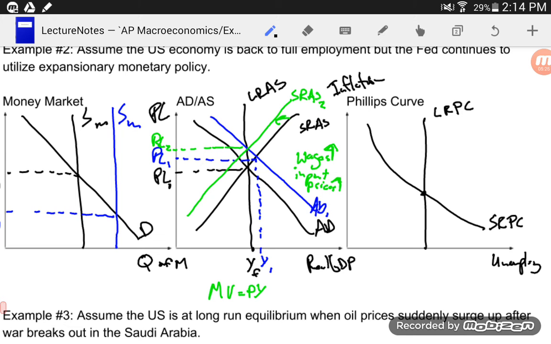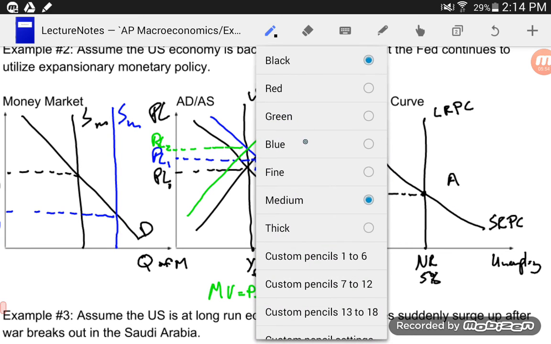So we started at point A, where we were at the natural rate of unemployment, so we'll call that 5%, and we had pretty low inflation. Historically we've averaged around 3%, so I'll say 3%, even though that wasn't listed in the problem. What happens as we have that expansionary monetary policy? Obviously the price level is going up and unemployment is going down, so we're shifting along the curve. Let's go to blue.